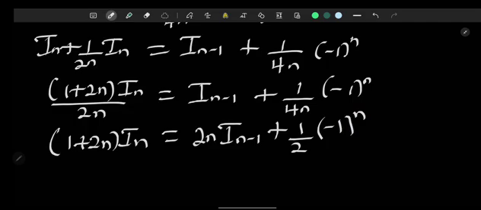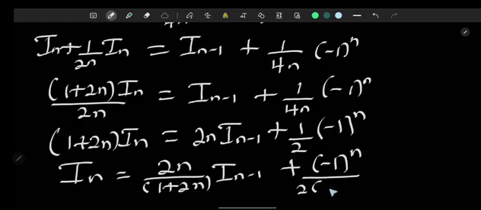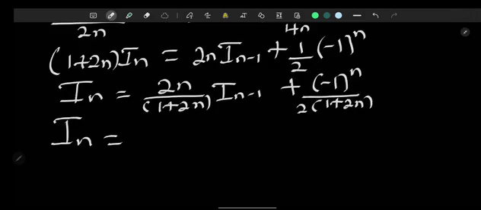Okay, then the next thing is to divide both sides by 1 plus 2n. So in equals 2n, then over 1 plus 2n in minus 1, then plus minus 1 raised to the power of n over 2 in bracket of 1 plus 2n. So which implies that starting with this, you have minus 1 raised to the power of n.